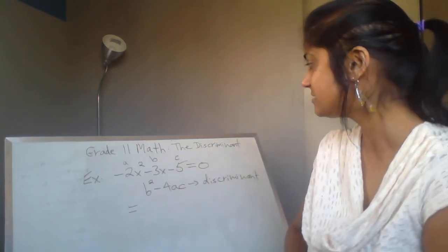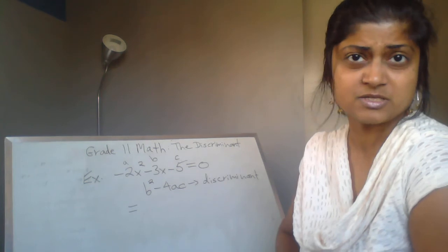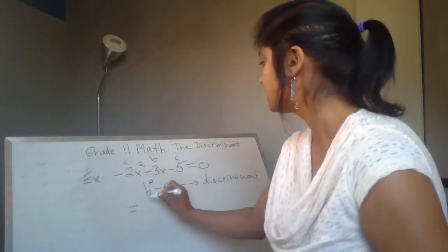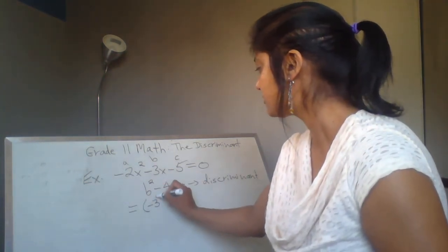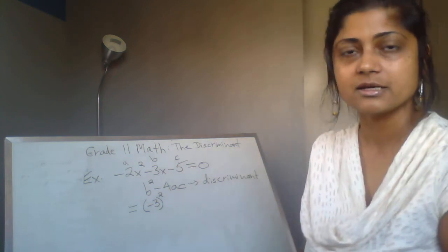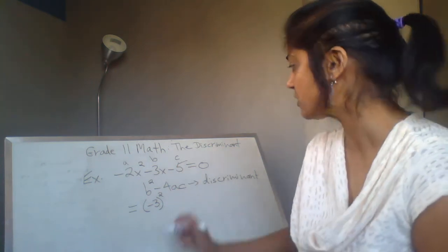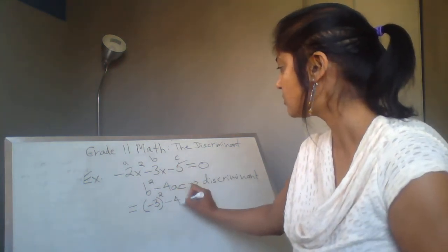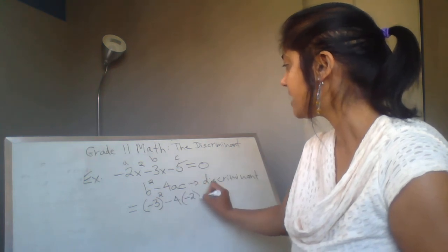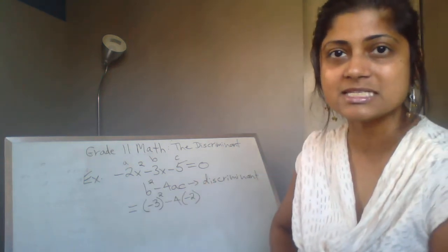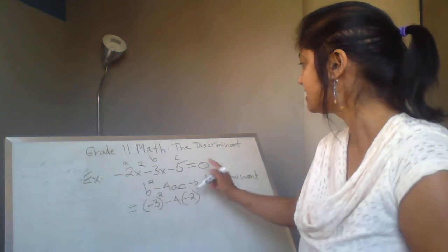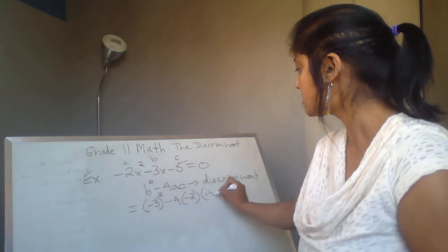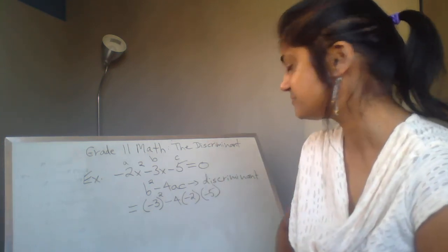So just like that. And I'm going to just plug it into this formula for the discriminant. So the b is negative 3. Again, make sure you're taking the sign that is in front of the number. Okay, so negative 3 squared minus 4 times a, and I notice the a value is negative 2, okay? And the value of c is going to be negative 5.